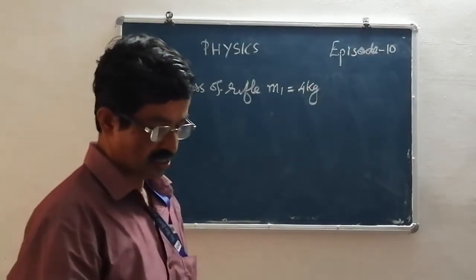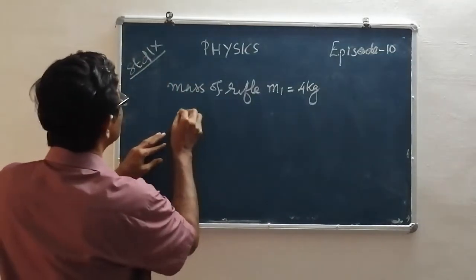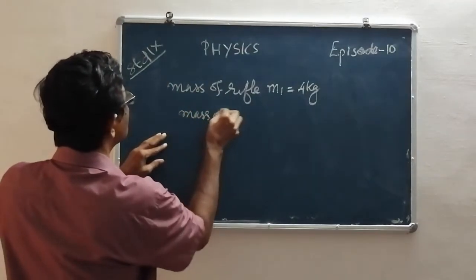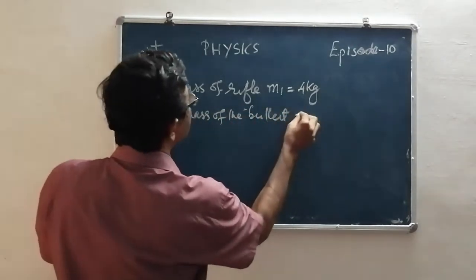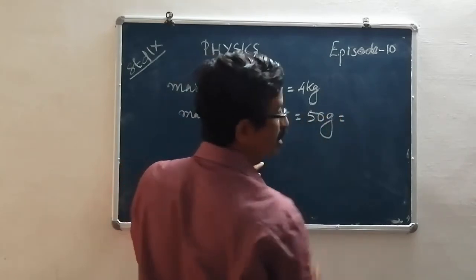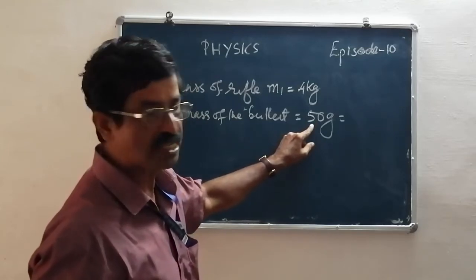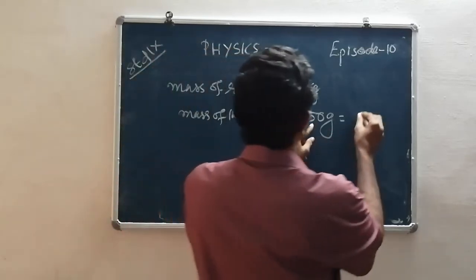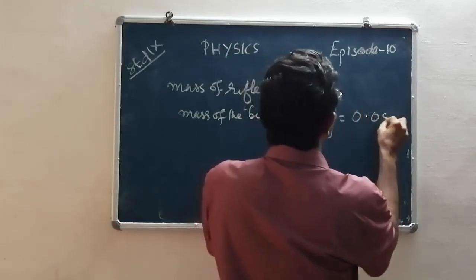The mass of the bullet is 50 gram. To change gram to kilogram, the SI unit, we divide by 1000, so this becomes 0.05 kg.